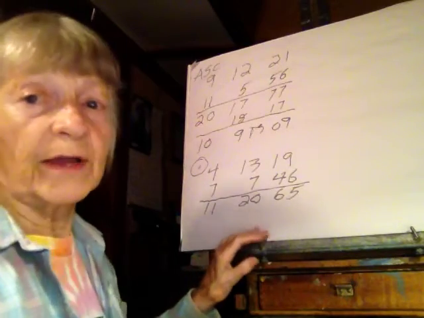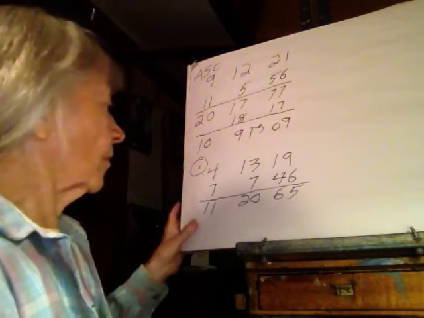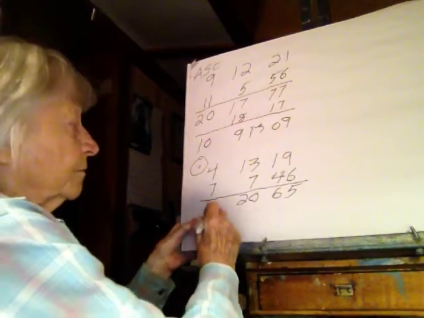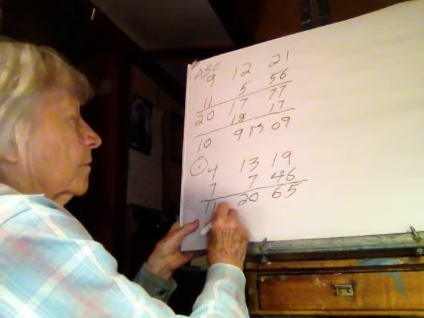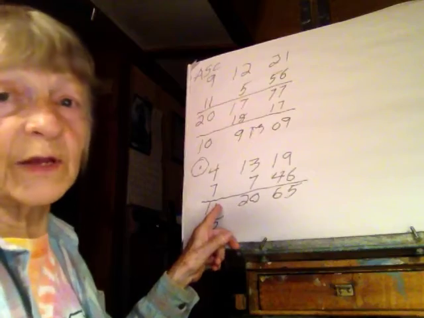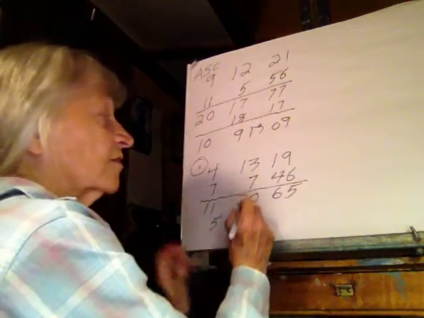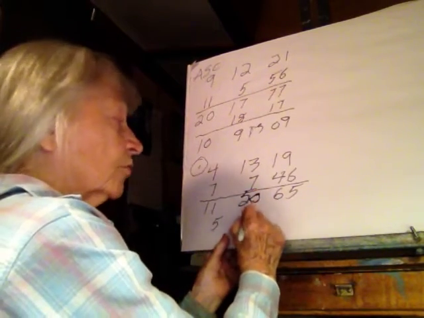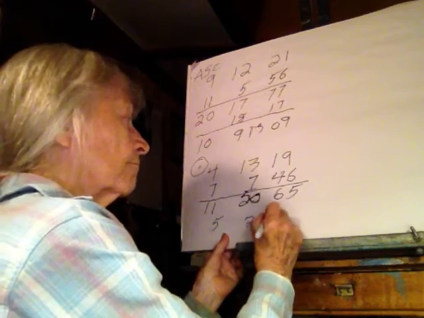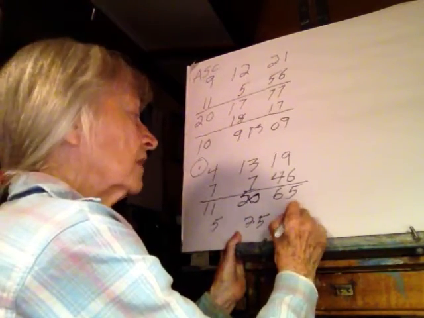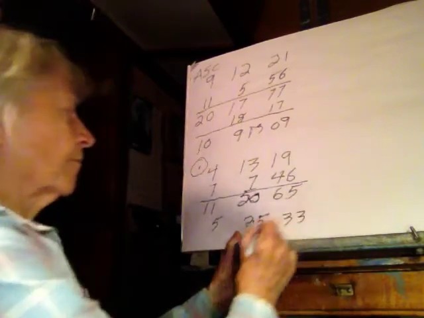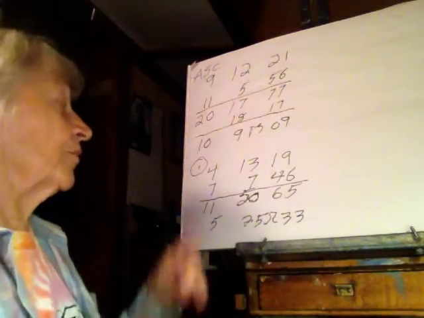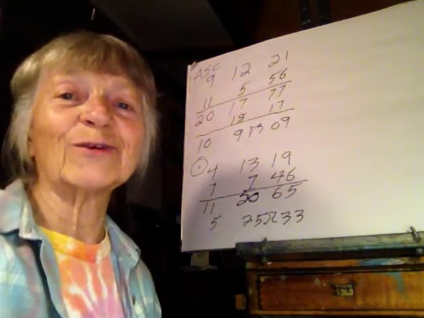Okay, and divide by 2. Half of 11 is 5. We're going to take a sign and move it over here. So over here we've got, instead of 20, we've got 50. And half of 50 is 25. And half of 65 is, like I say, I always give it the extra, 33. So we've got the sun of the chart between United States and China as a Leo sun.